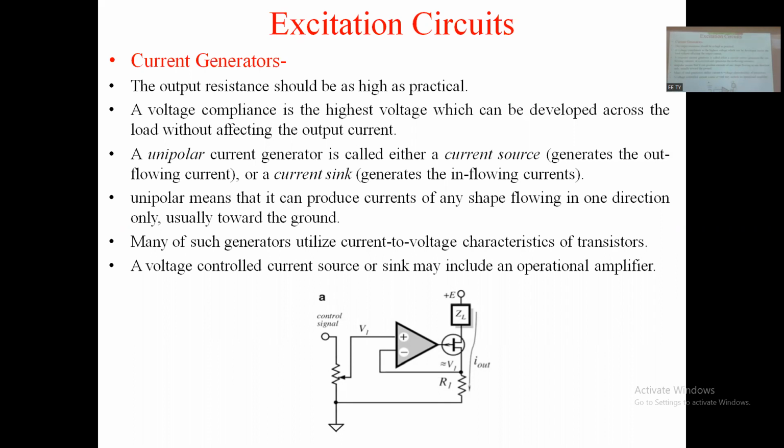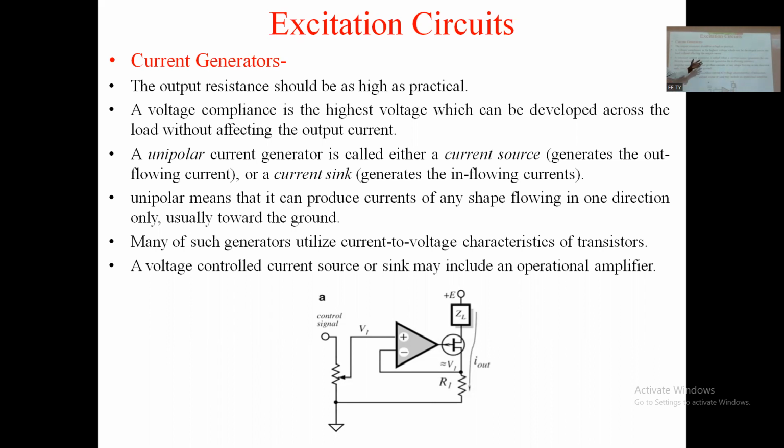Okay, so unipolar means that it can produce a current of any shape flowing in one direction only, usually towards the ground. What is the meaning of unipolar? It will produce a current only in one direction, usually flowing towards the ground. Many such generators utilize the current to voltage characteristics of a transistor, and a voltage controlled current source or sink may include an operational amplifier.